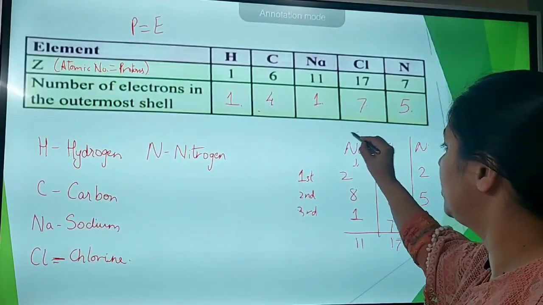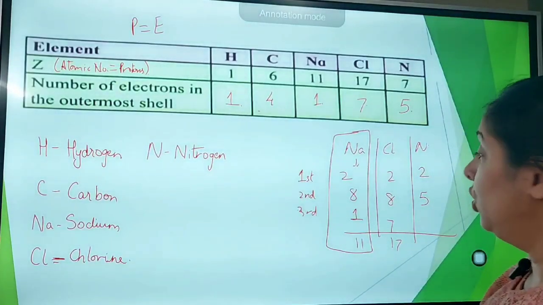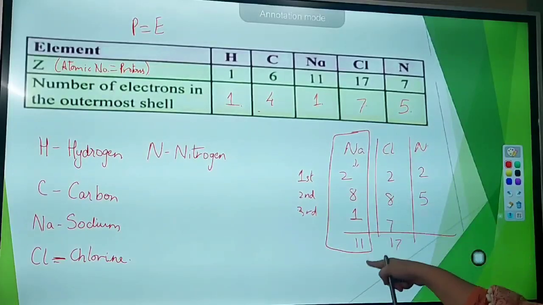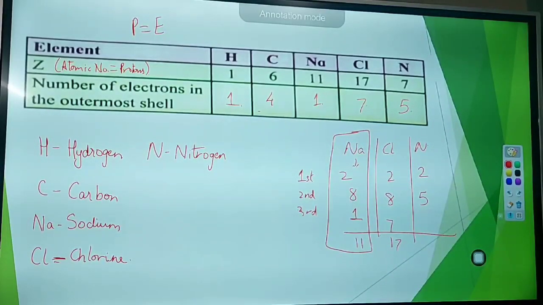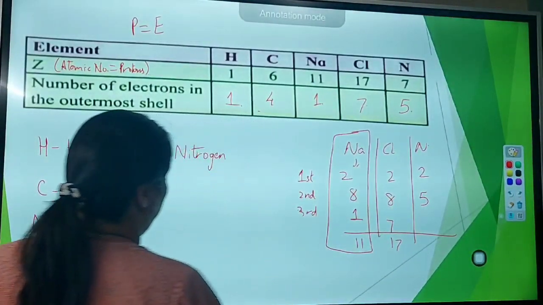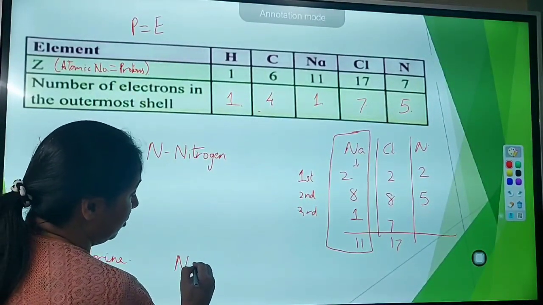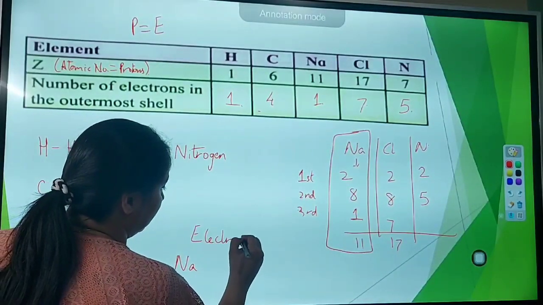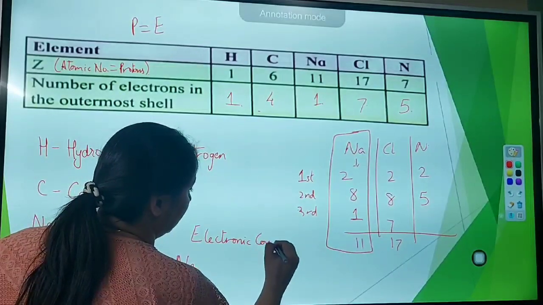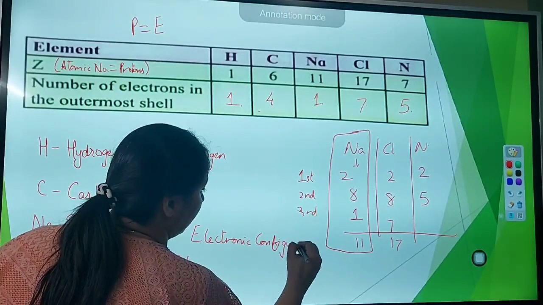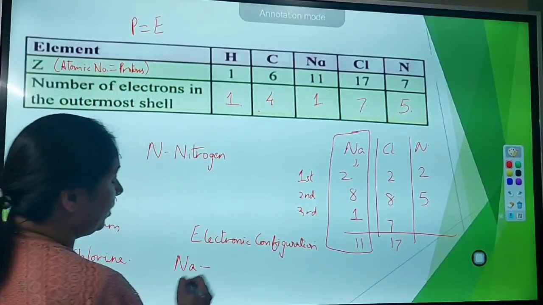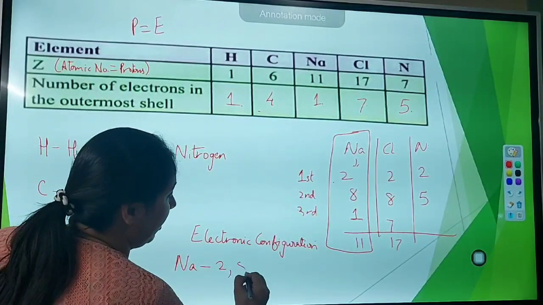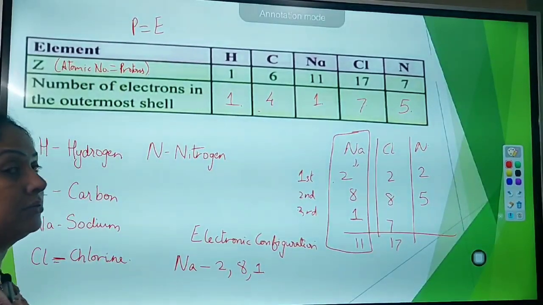Okay, now look at this one. We know that total number of electrons or protons is how much? 11. So sodium has 2, 8, 1.